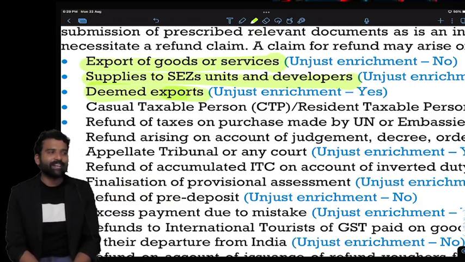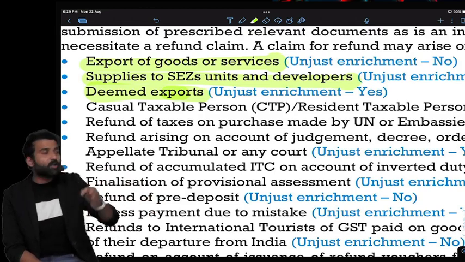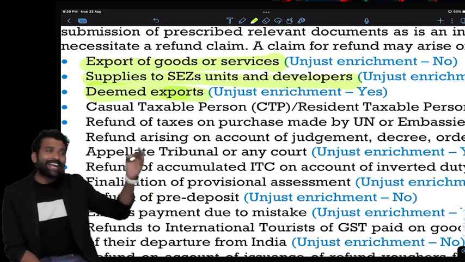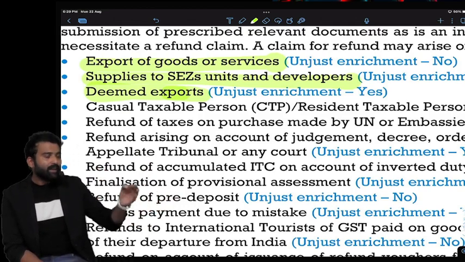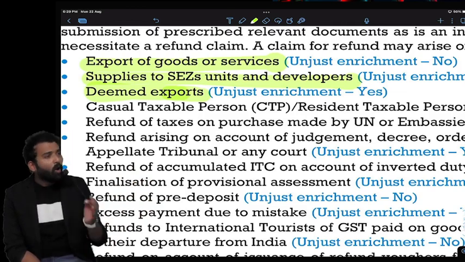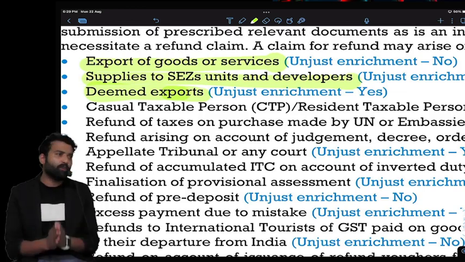Supplies to EOU, EHTP, STP, that is Software Technology Park, supply to the person having the advance authorization scheme, supplies to the person having EPCG, Export Promotion Capital Goods Scheme. That is called deemed export, and that is covered in section 147.